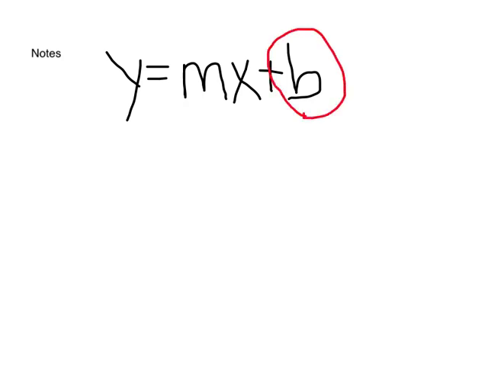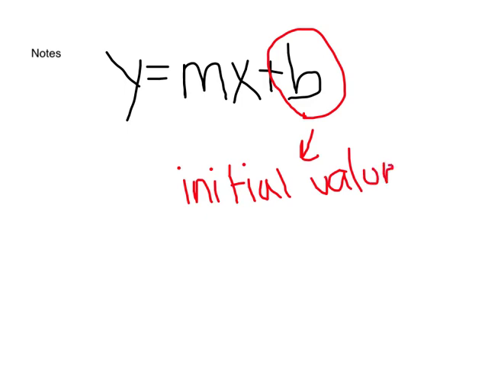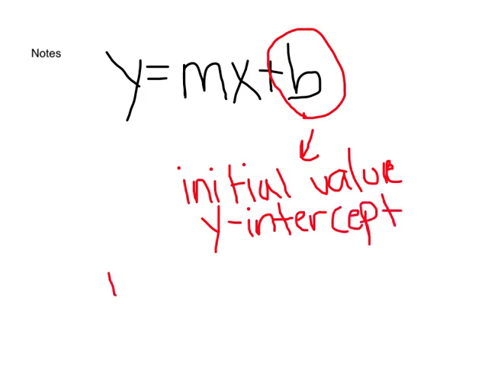Our y-intercept is our b. This is the same as our initial value. Let's write down y-intercept. It's also the point where your x-coordinate equals 0.